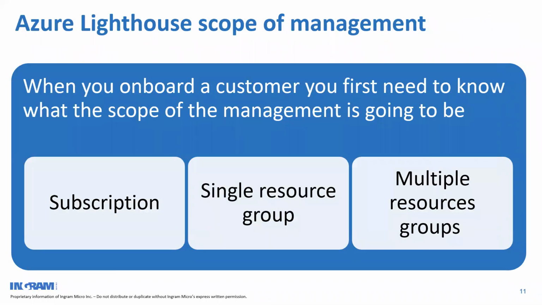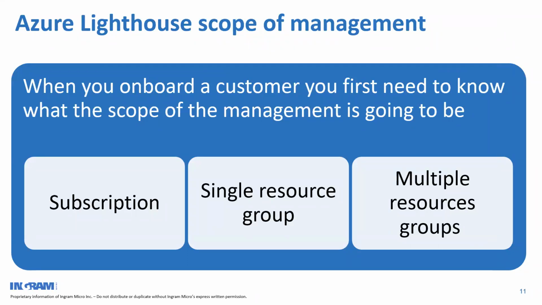So we looked at what the options are to onboard a customer, but when you onboard a customer, or when the customer accepts your offer, to what scope of management can you gain access? So you can go ahead and access the entire customer subscription, which means all the resource groups and all the resources which are part of their subscription.